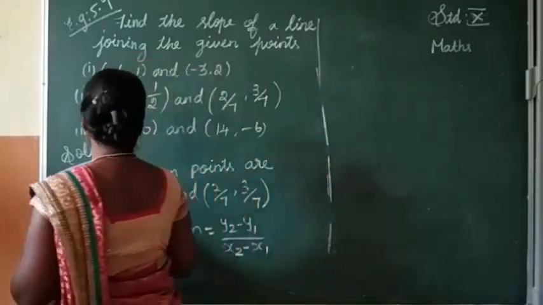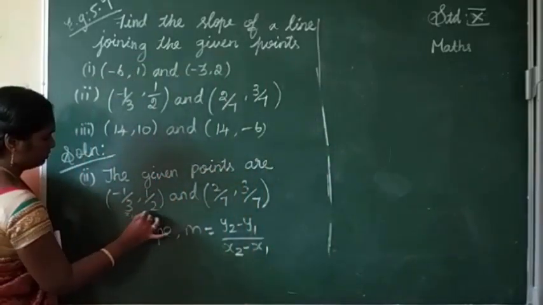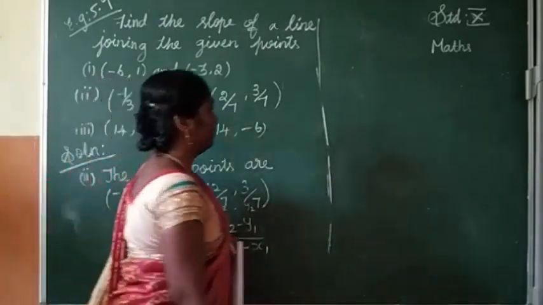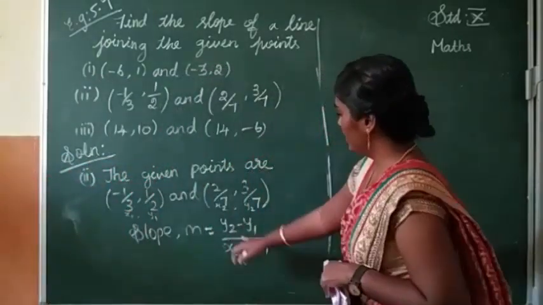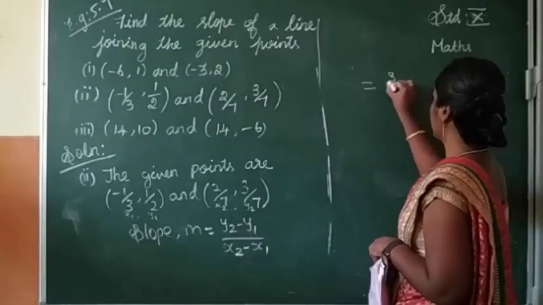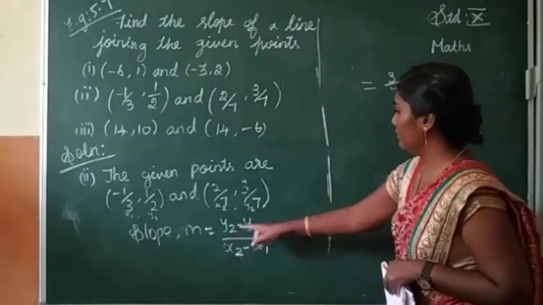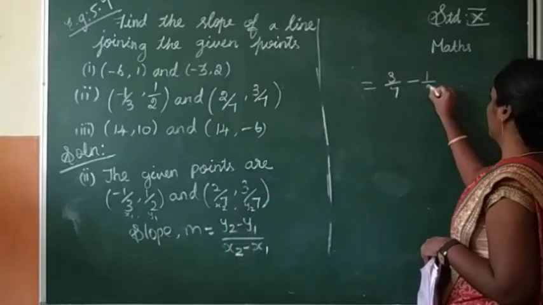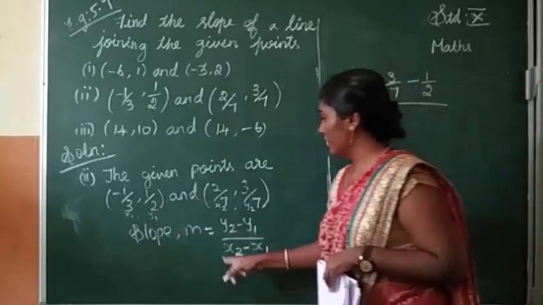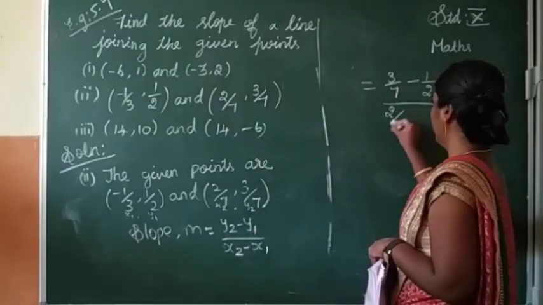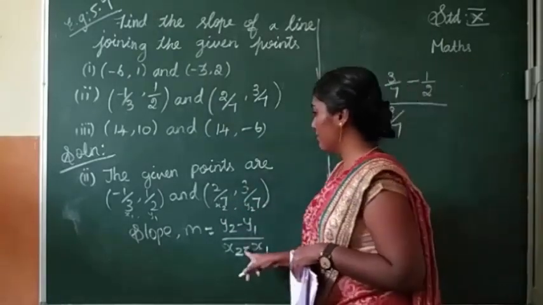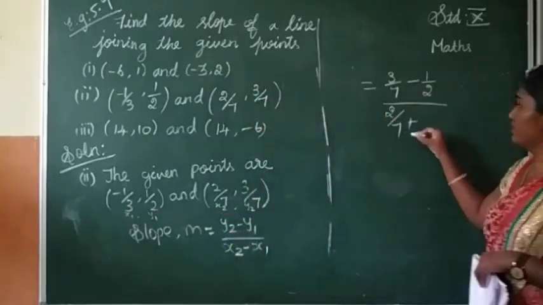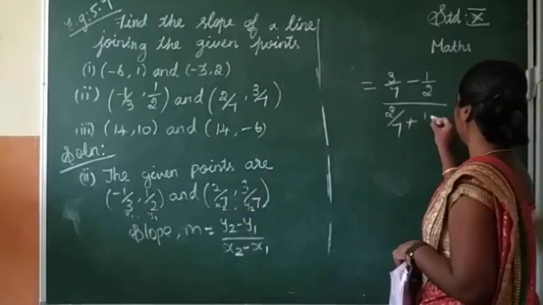So mention the point names here. This is x1, this is y1, this is x2, this is y2. Then apply the values. Y2 value is 3 by 7, formula minus y1 value is 1 by 2, then divided by x2 value is 2 by 7, then formula minus x1 value minus 1 by 3. Minus into minus plus, then we will get 1 by 3.